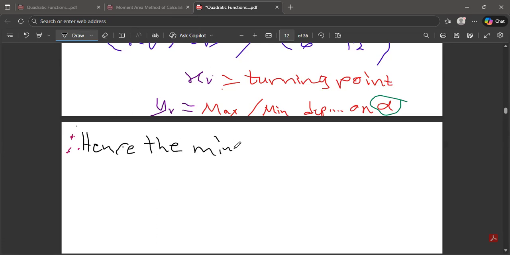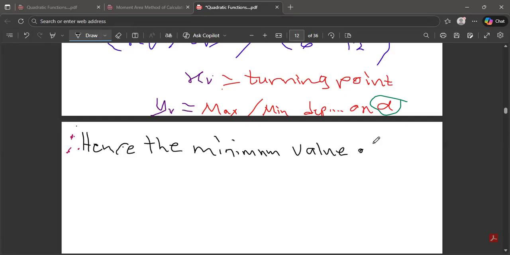Hence the minimum value of f of x. And you know what f of x is? f of x is the quadratic function, that is being given to us.